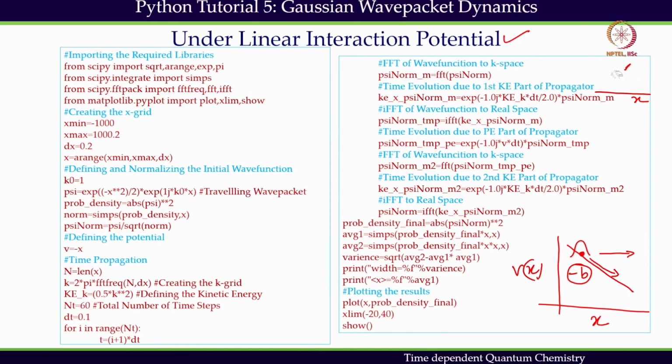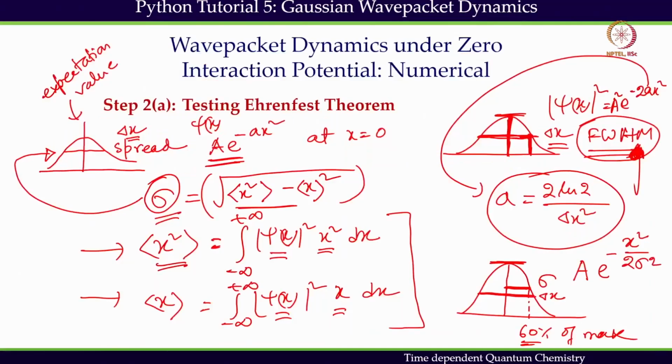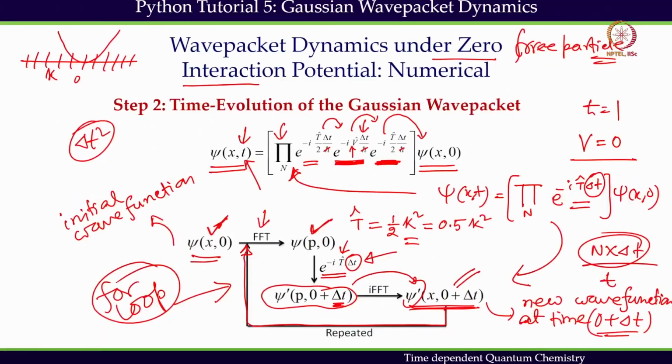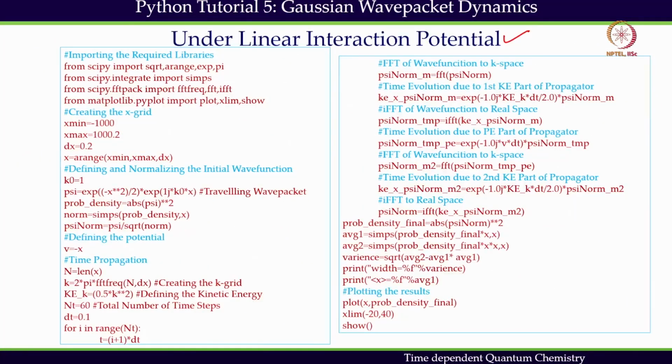The difference between the linear potential problem and the zero interaction potential problem is that now we have to consider the V. Previously, in the split operator approach, we didn't have any potential part. Now we have the potential part and we have to consider it.